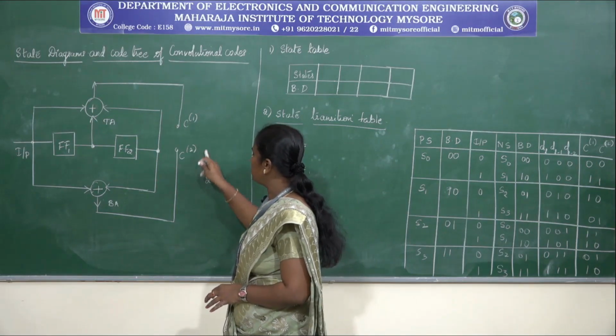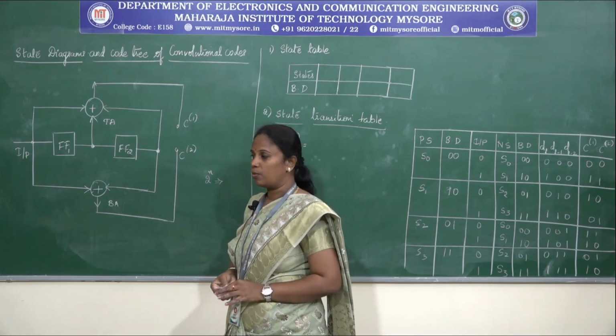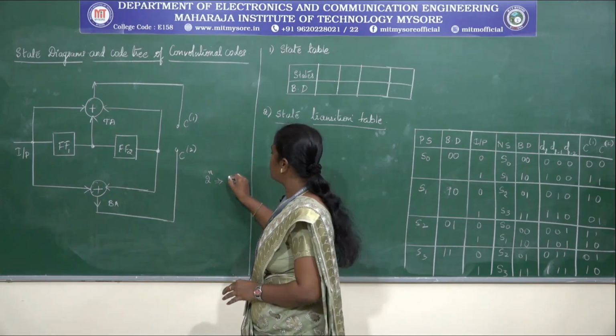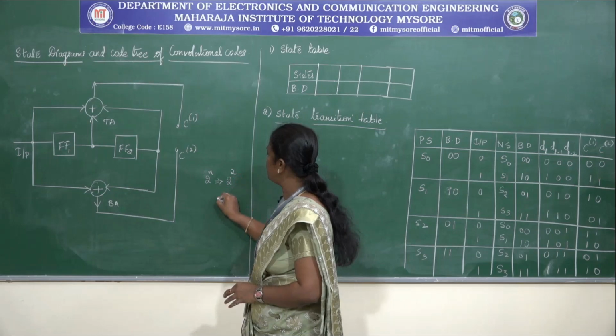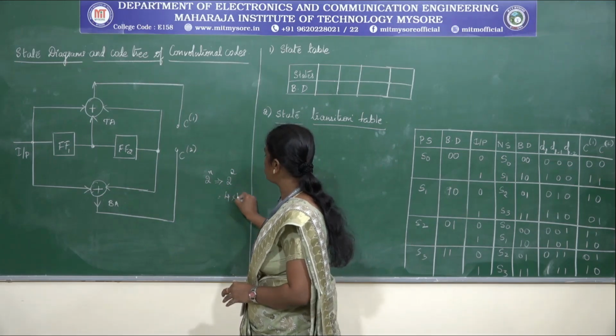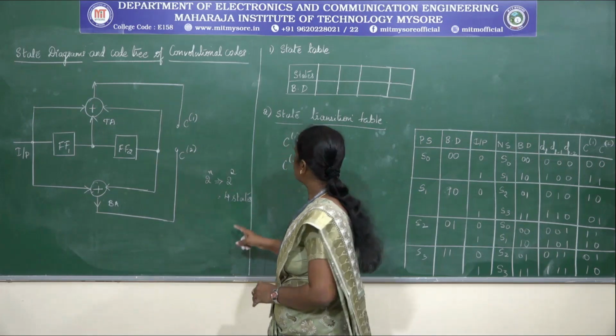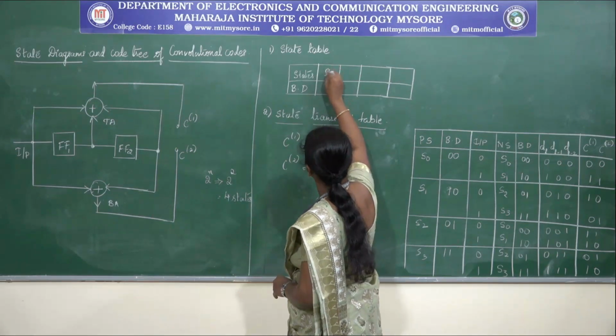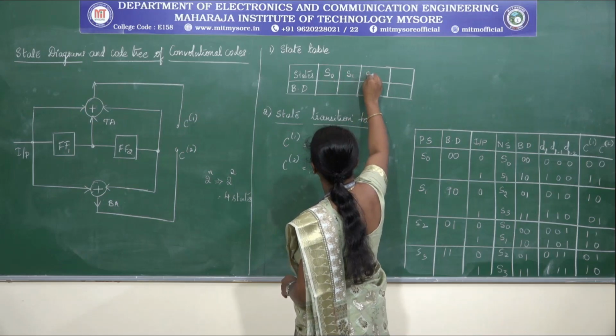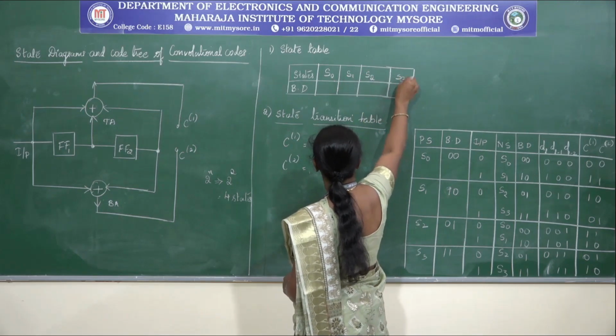So here we have 2 flip-flops, so we have 2 to the power of 2, that means 4 states. So the 4 states are S0, S1, S2 and S3.